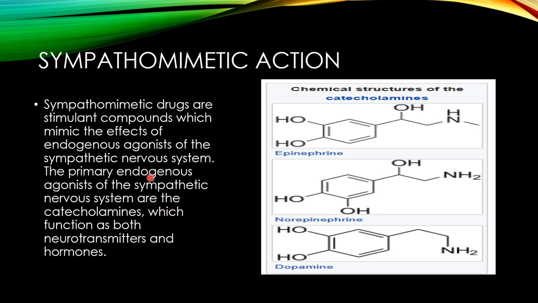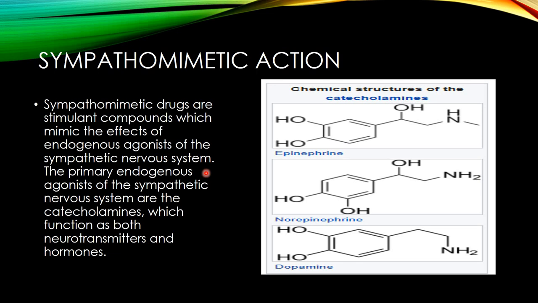The primary endogenous agonists of the sympathetic nervous system are the catecholamines. You all know what are the catecholamines? Adrenaline, noradrenaline, and dopamine, which function as both neurotransmitters and hormones. So in this presentation, three heads up points we are getting.